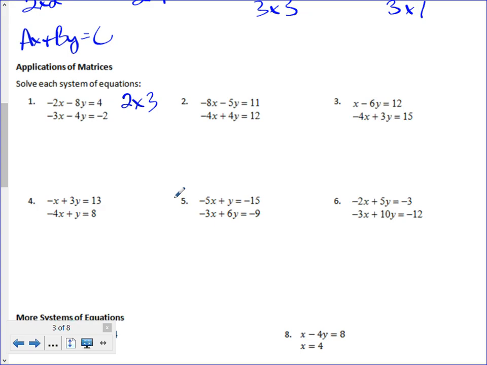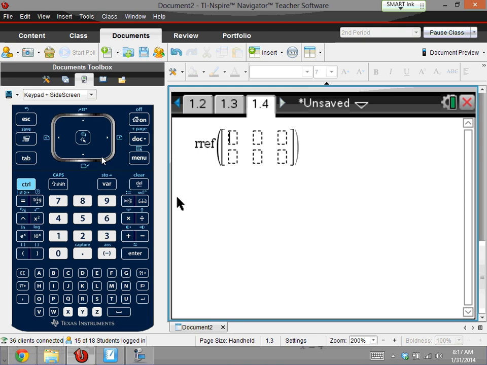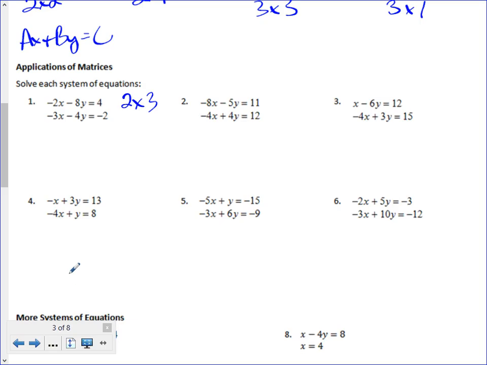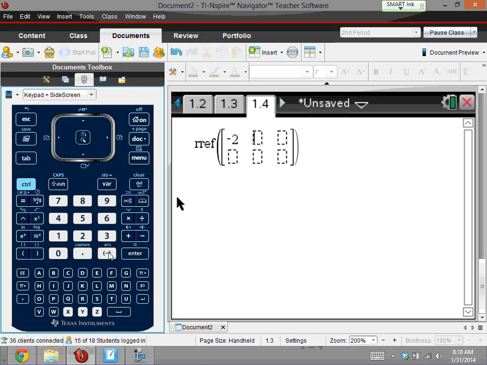The first thing you're going to type in here is -2. To get to the next box, you can arrow or you can press tab. Tab is pretty quick. Next up we have -8.